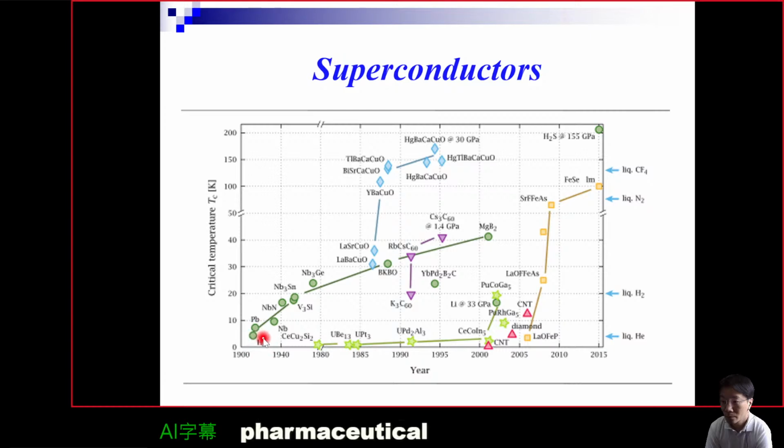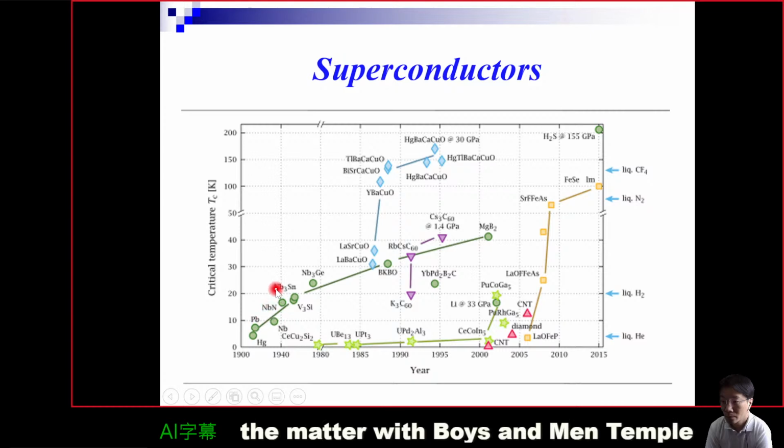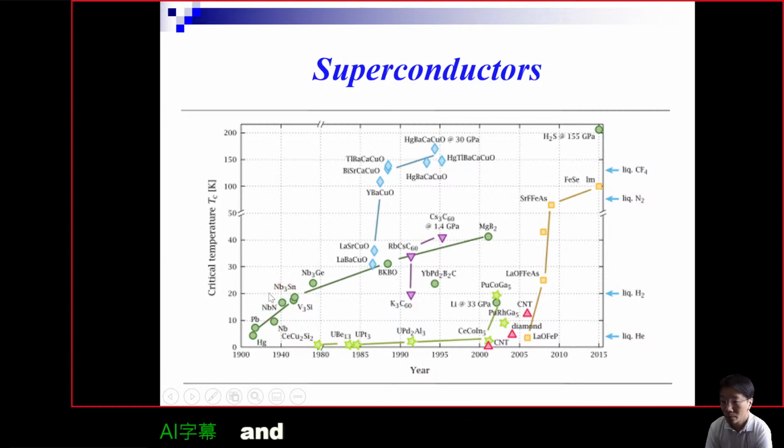And at that time, he also tried lead. The critical temperature of lead is about 7.2 K. And he also tried another different pure metal, for example, niobium. He also tried different samples, for example, niobium nitride and niobium-3 tin.